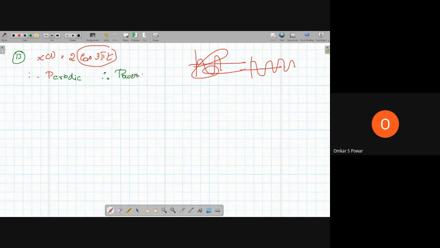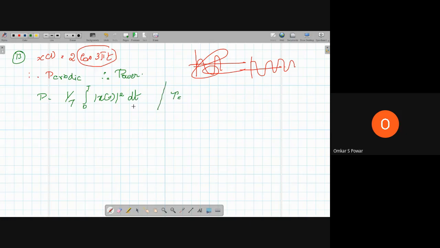So let us calculate the power. Power is equal to 1 by T integral 0 to T mod of x of t the whole square dt. What is this T?